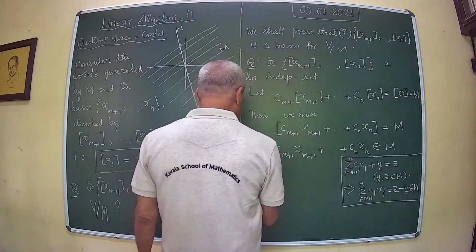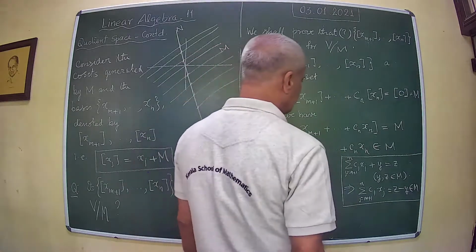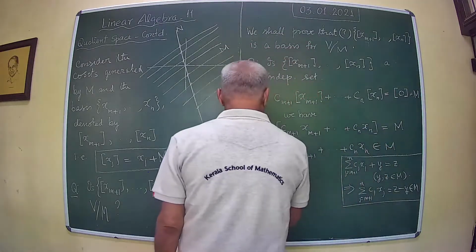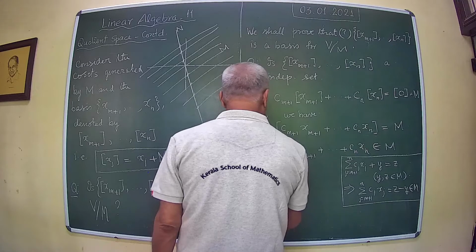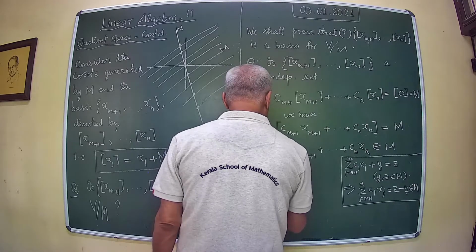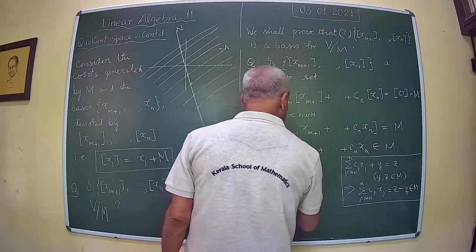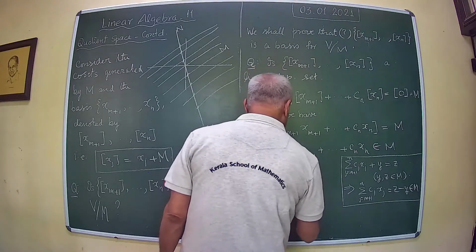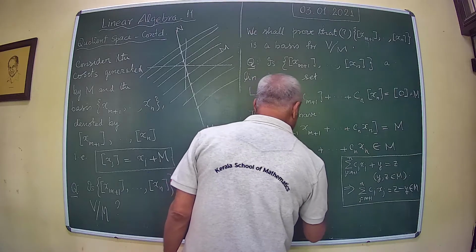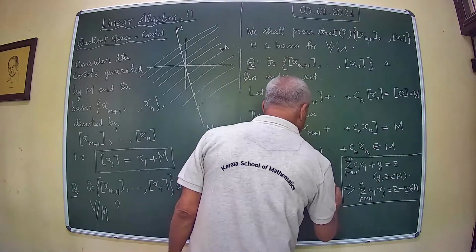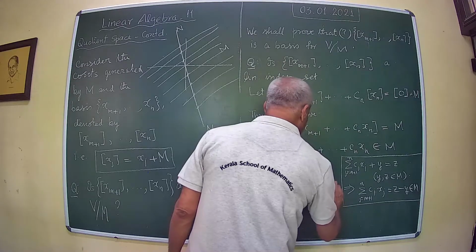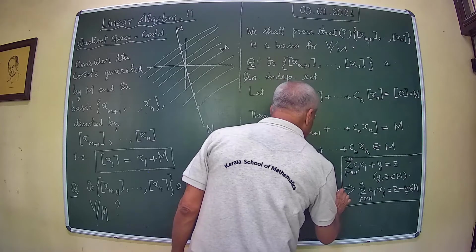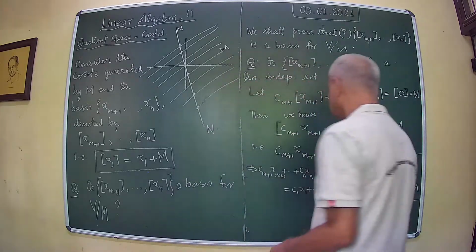Which implies, see, this is a vector in M. This means c_{m+1} x_{m+1} + ... + c_n x_n equals some c_1 x_1 + ... + c_m x_m.